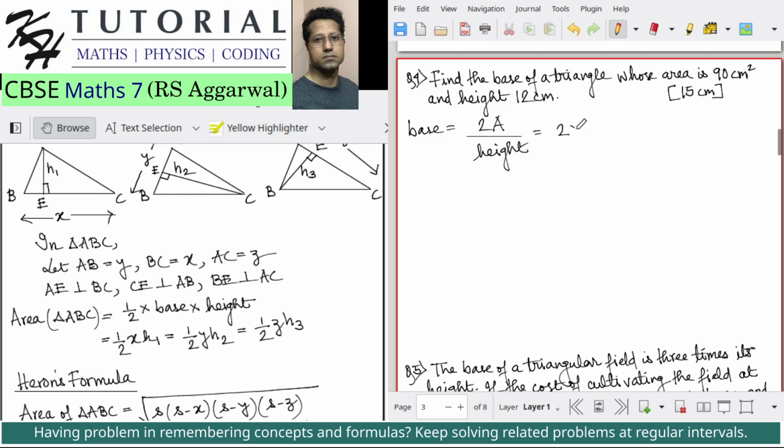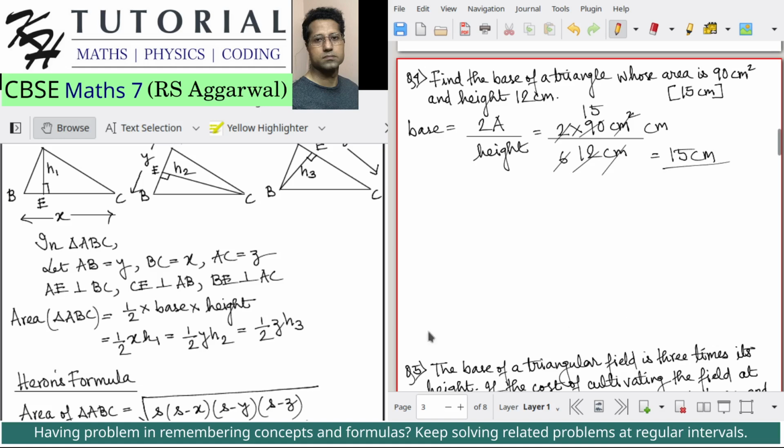So area is given as 90 centimeter square and height is 12 centimeter. So centimeter cancels centimeter square, 2 divides 12 with 6, and 6 divides 90 with 15. So the base is 15 centimeter.